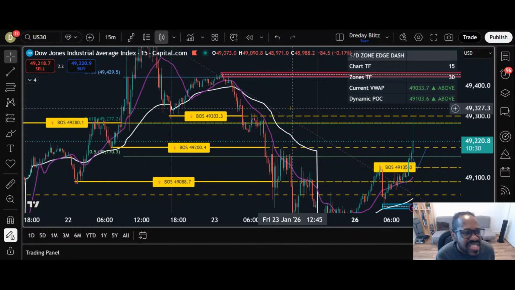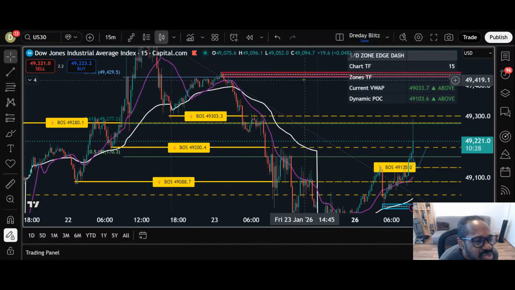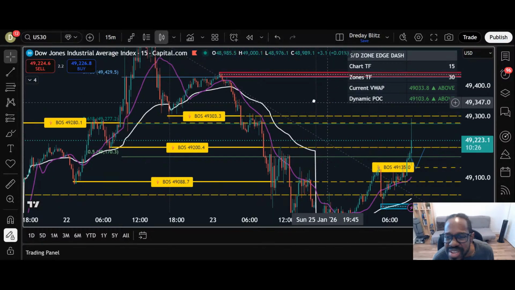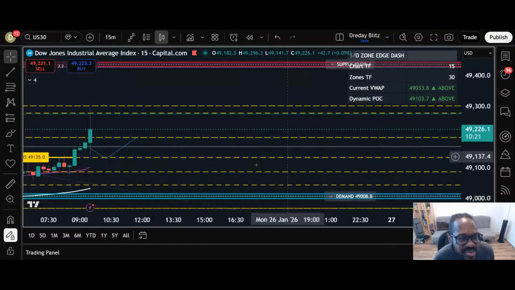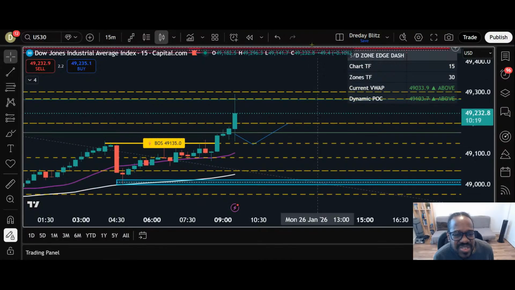So we had, so it went to that 61.8, was it? Yeah. So it went to that 61.8. Now it's retracing.